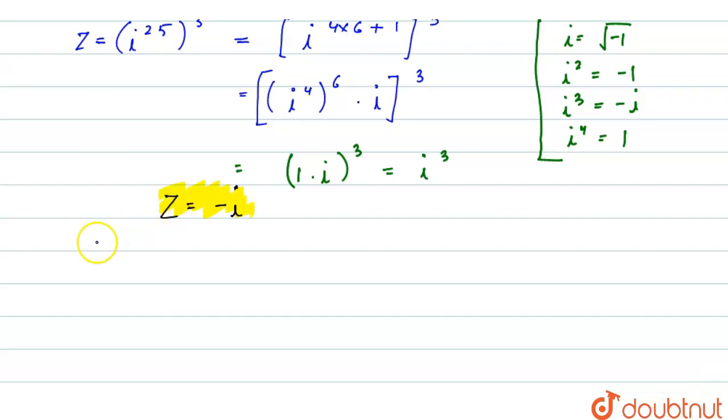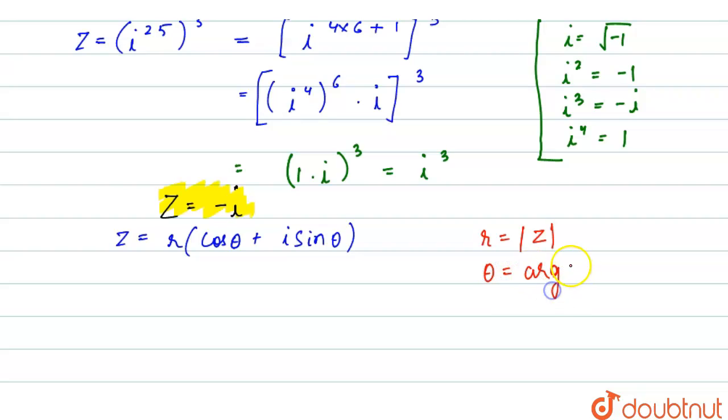So polar form is in the form z equals r into cos theta plus iota sin theta, where r is the magnitude of complex number z and theta is the argument of z.